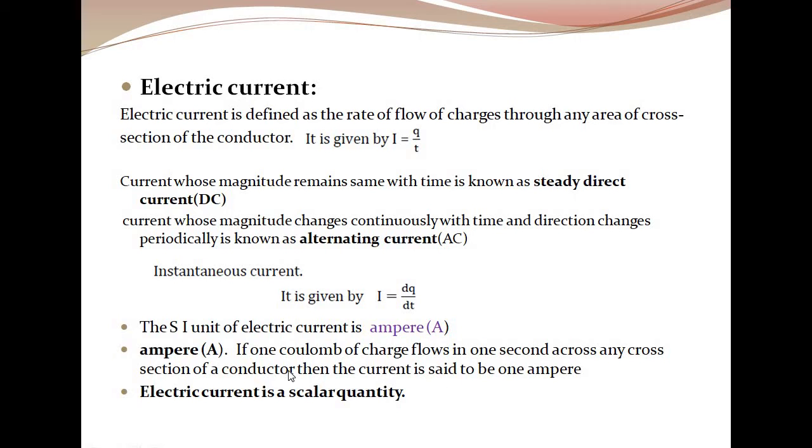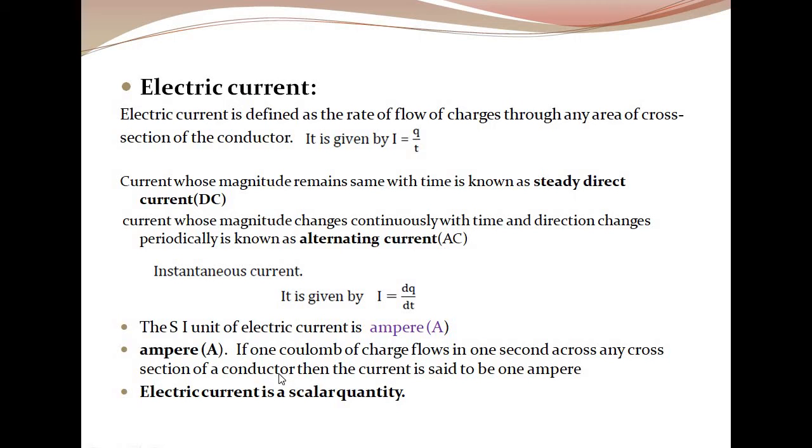That means 1 coulomb of charge flowing in 1 second across any cross-sectional area is 1 ampere.